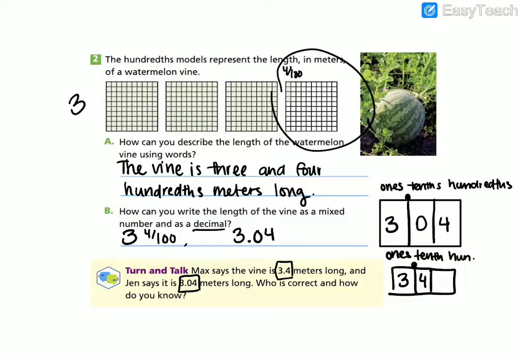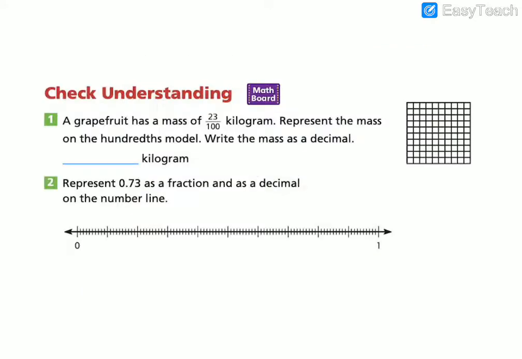So what Max is actually saying is it's 3 4/10 meters long. This number is greater than 3 4/100. So Jen is the one who is correct. Go ahead and pause and complete the check understanding. Press play when you're ready to check your work.